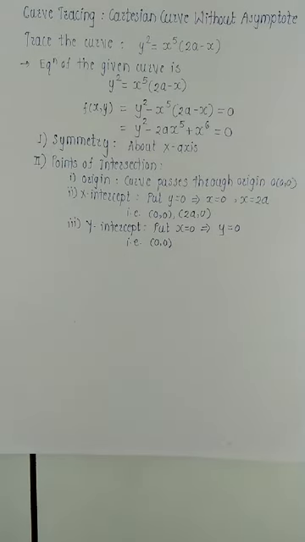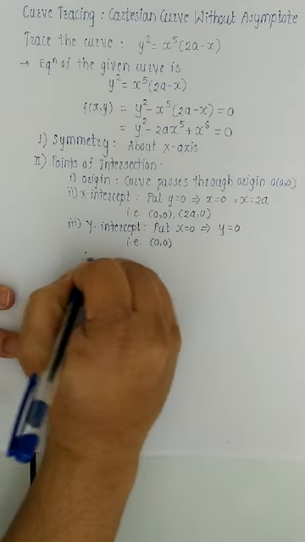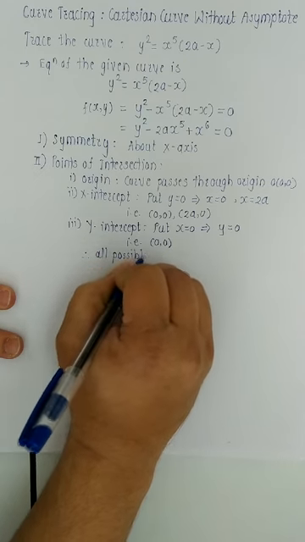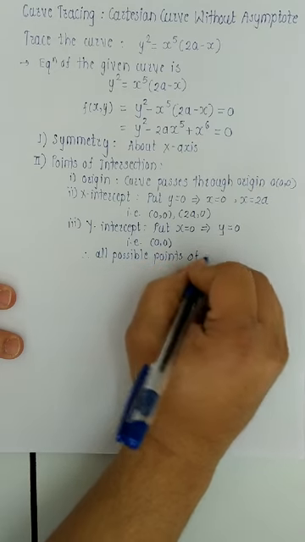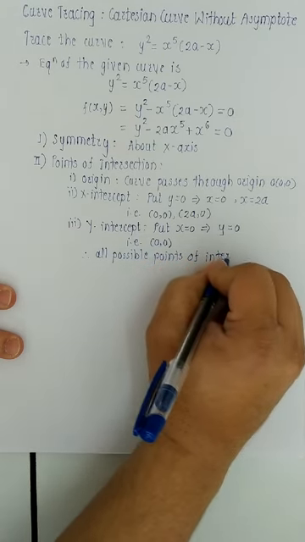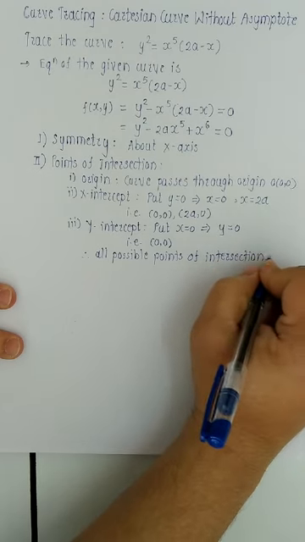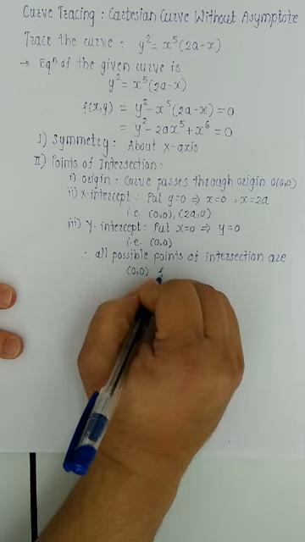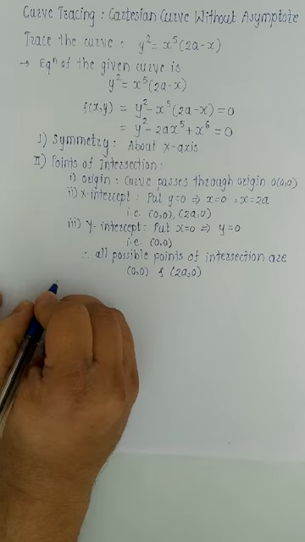So when we obtain all distinct points of intersection, all possible points of intersection are 0, 0 and 2a, 0, the only 2 points.